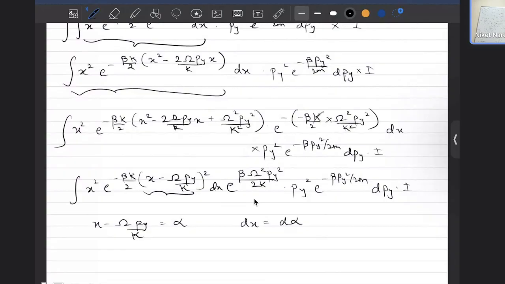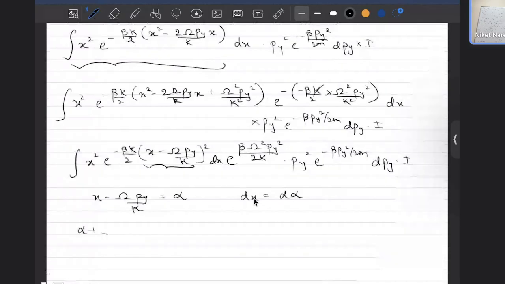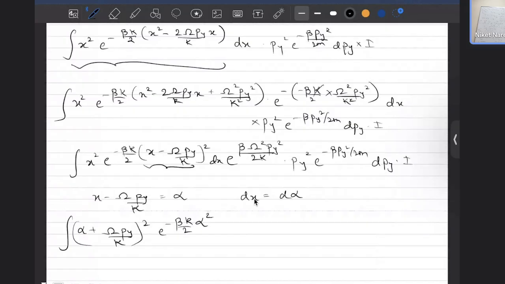So alpha plus omega py by kappa the whole squared, e raised to the power minus beta kappa by 2 alpha squared d alpha, times e to the power beta omega squared py squared by 2 kappa, py squared e to the power minus beta py squared by 2m dpy into I. This is what we are left with.